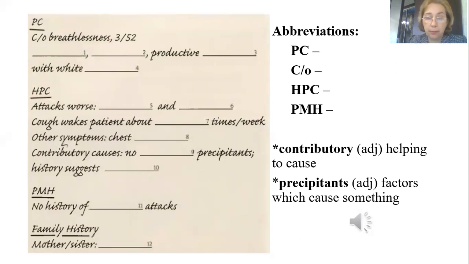Swat, are you here? Yes, I'm here, miss. Please, the history of presenting complaint. What did you write there, starting with 5 up to 10? Attacks worse when? Swat. When he goes to work.